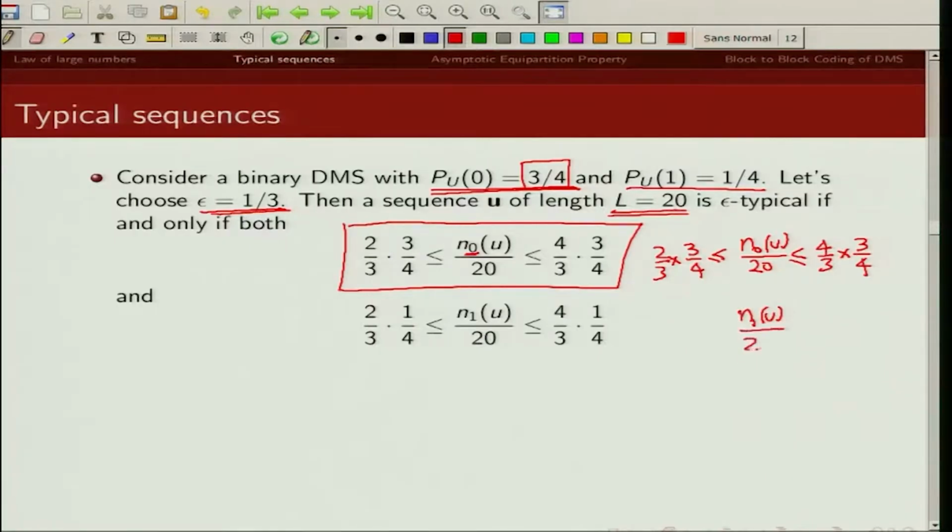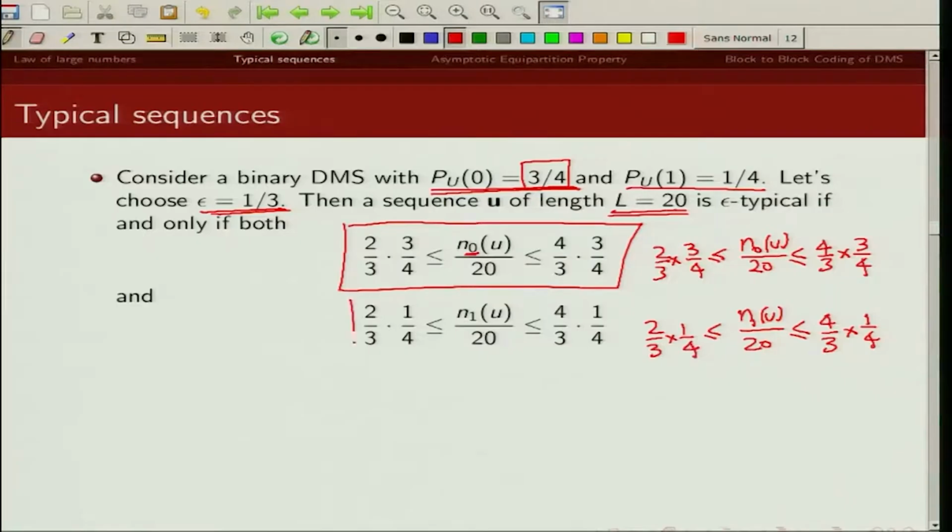So N1U by 20 should be less than equal to 1 plus epsilon, which is 4 by 3 in this case, into probability of occurrence of U equal to 1, which is 1 by 4. And similarly, the lower bound will be 1 minus epsilon, which is 2 by 3 into 1 by 4.